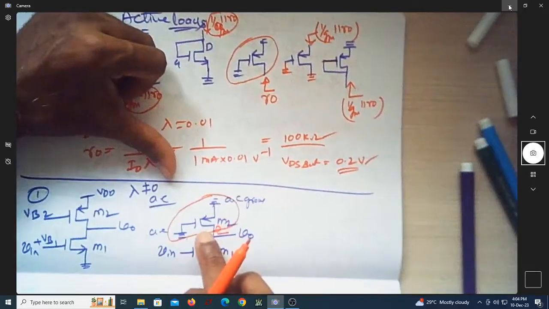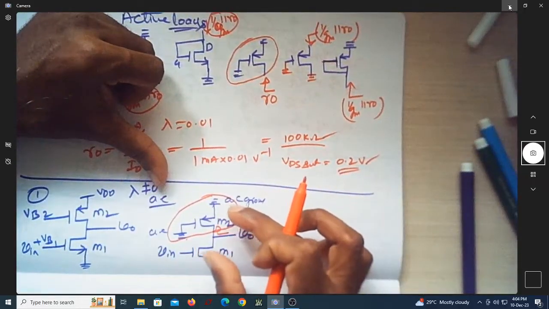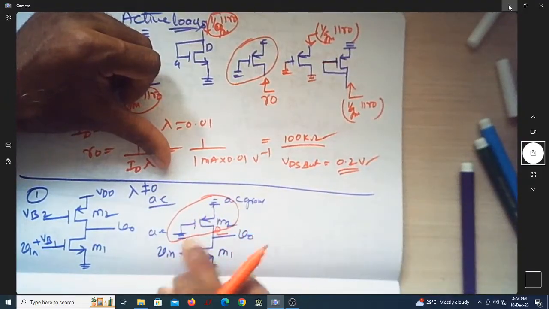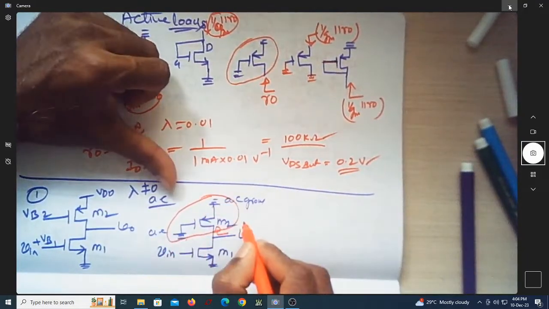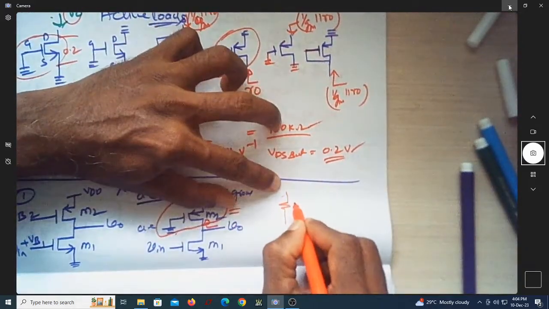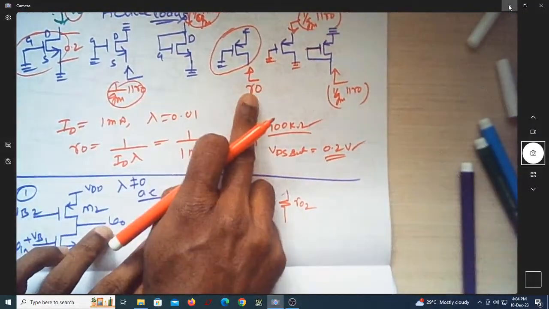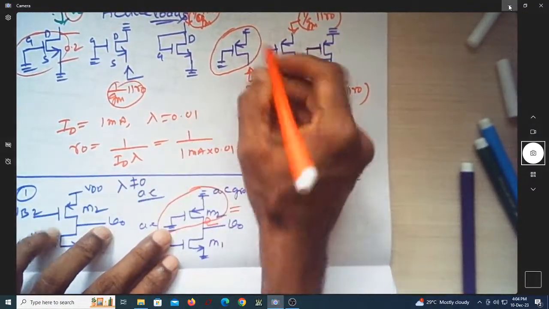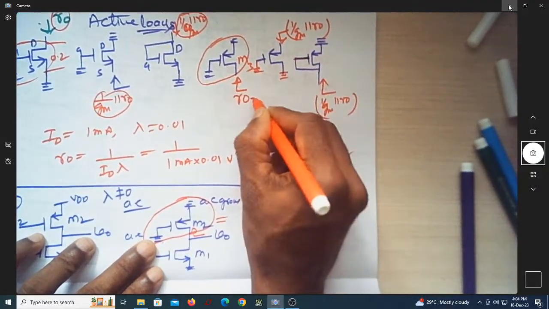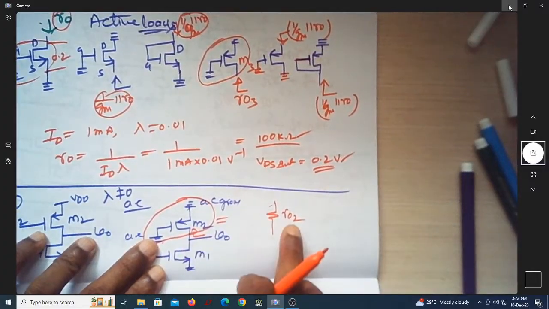Now, if I want to do the AC analysis of this circuit, instead of this complicated MOSFET with these two grounds, shall I replace it by a simple resistor, R02? Because in general it is R0 when it is simply M. If I name it M3, then this is R0. Since I'm naming it M2, this is R02.